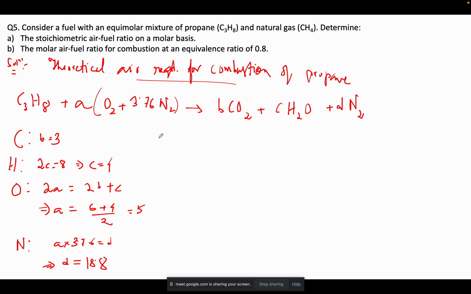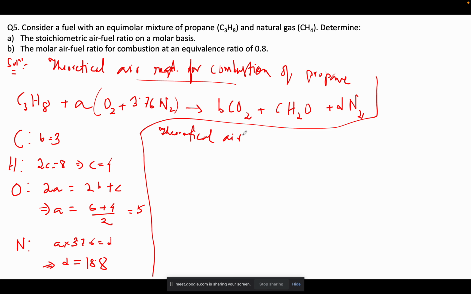Okay, similarly, theoretical air required for complete combustion of methane.